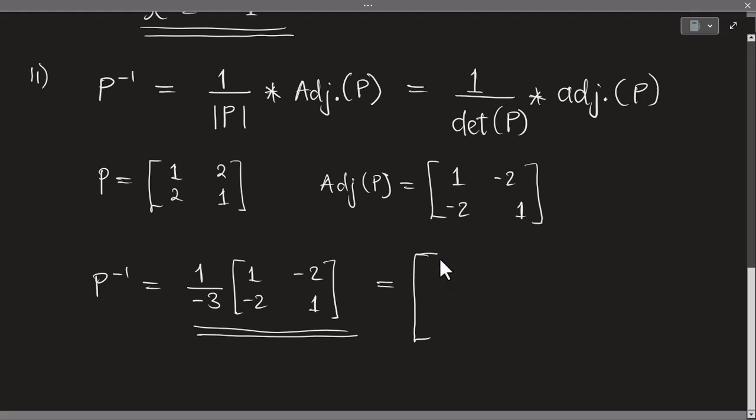Sometimes I avoid writing this fraction inside here because it'll eat up some space. You need to notice we have a negative, so some of these will become positives, and this will be our final answer if you like. You can choose to write it like this or write it this other way. Both should be correct.